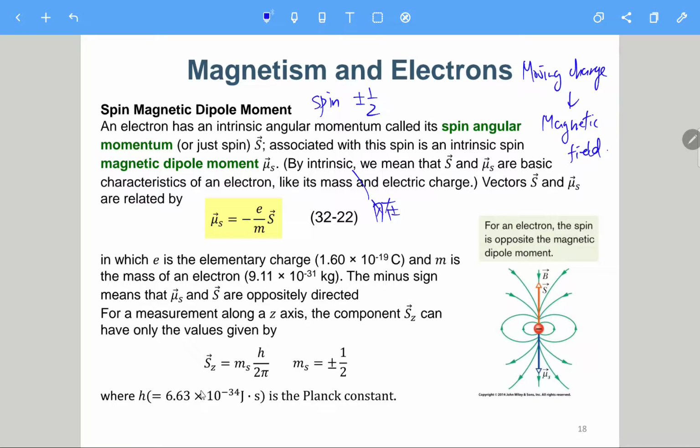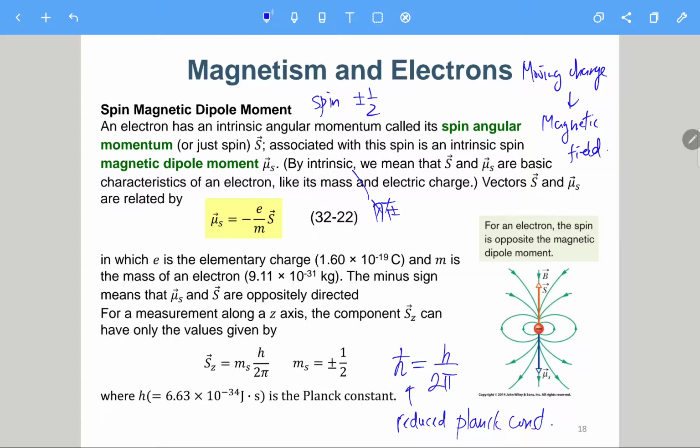And then h is called the Planck constant, and h over 2 pi. Some of the textbooks will use h bar to represent it. h bar is called the reduced Planck constant.